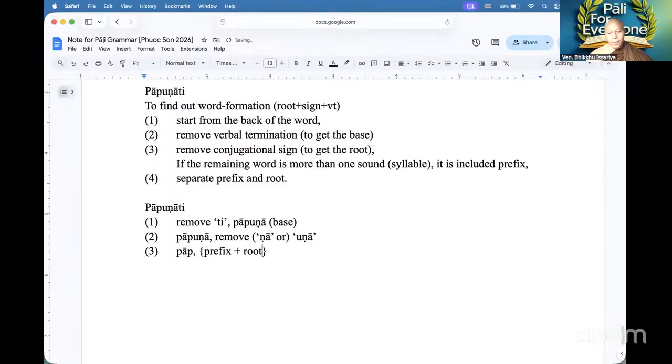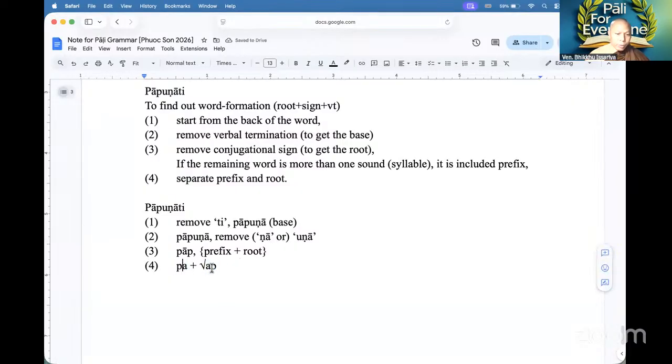So we need to do the last step: ba, prefix, and root.